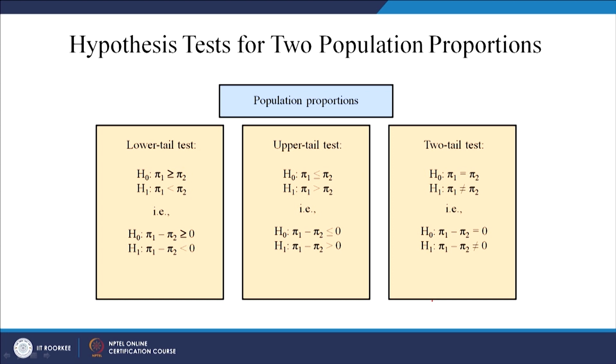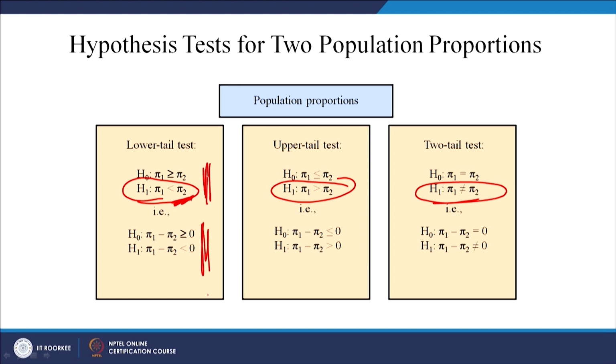So far as the distribution of hypothesis testing is concerned, how it would look like, we have again this thing. So, this is a case of left tail test, is not it? This is an upper tail test and this is a two tail test, right. So, you can write null and alternative hypothesis either in this form or in this form, one and the same thing.